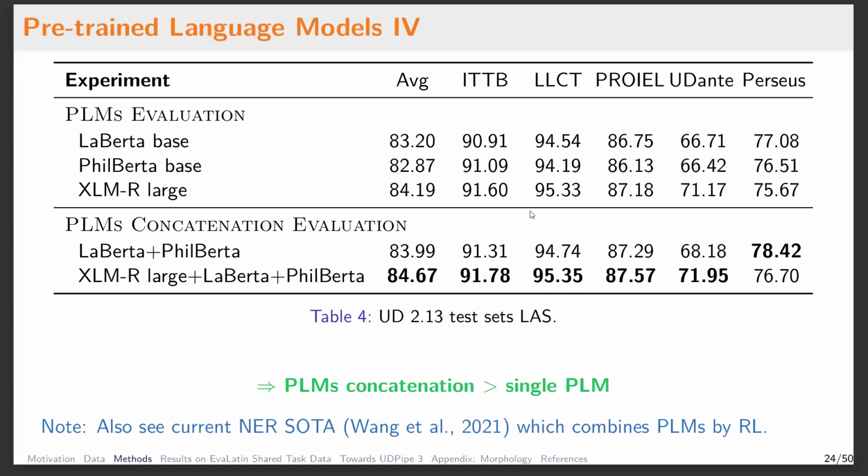This is where the figure should have been. You have already seen the upper part of the table. The new results are the bottom section of the table. What you can see here, which is also not very surprising, is that adding capacity, concatenating pre-trained language models, again helps across the board and in average too.